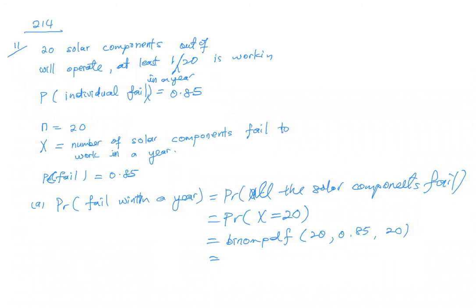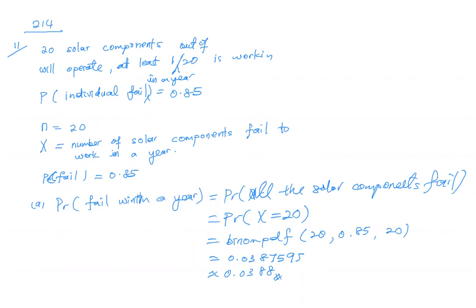Binom PDF, 20, 0.85, 20. Okay, so the chances is 0.038759. So approximately 0.0388. Yeah. Fail.